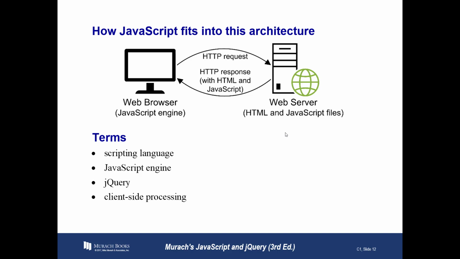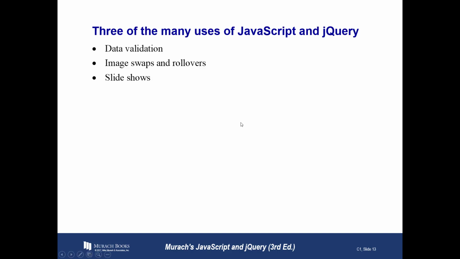JavaScript has changed over the years, but when it first came out, it was basically kind of an add-on, for lack of better words, to web pages. We'll talk about jQuery in this book, which is a JavaScript library. We'll talk about client-side processing and some of the uses for JavaScript and jQuery.